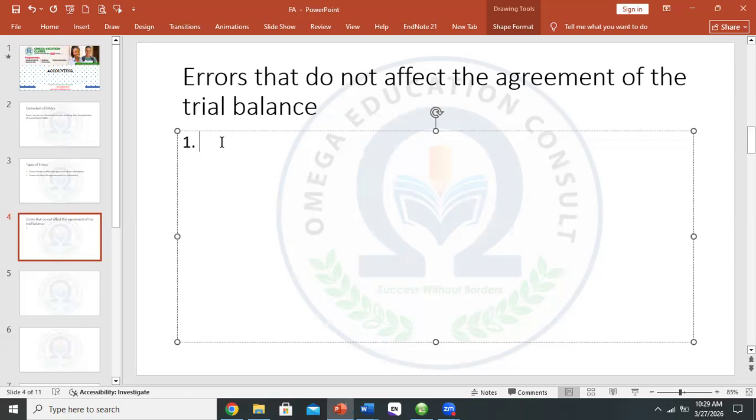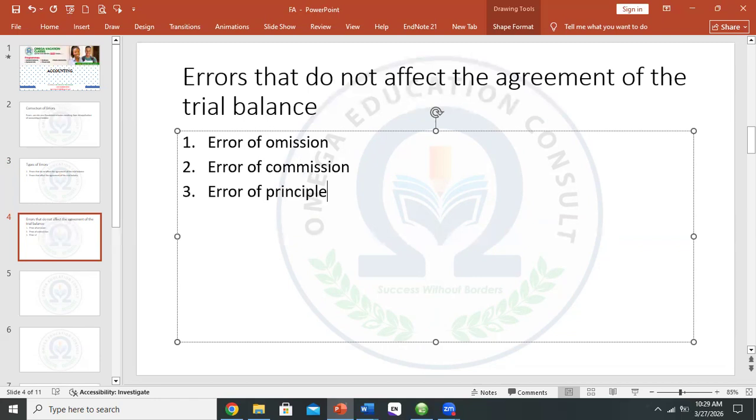Okay, well noted. So, professors, we have error of omission. We have error of commission. So we'll be looking at all these errors. Error of commission, we have error of principle, we have error of original entry.